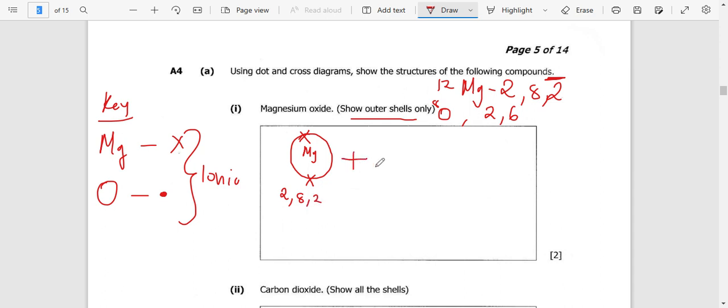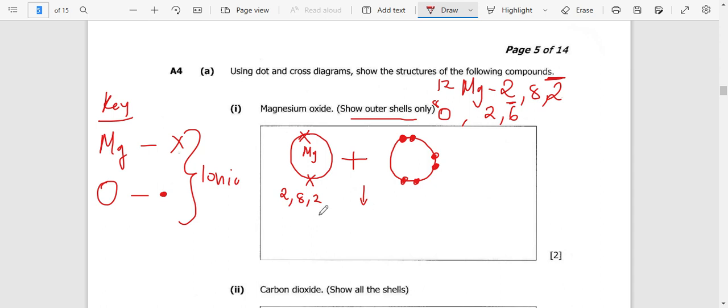And this is reacting with oxygen. The outer shell has 6 electrons, and this one we're using a dot. So we only have 6. And what are we going to form?